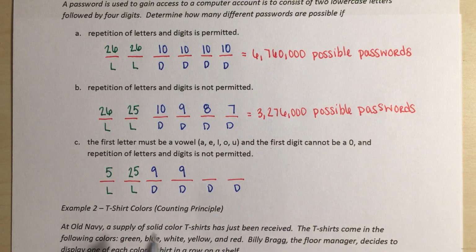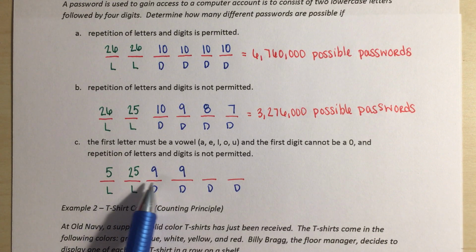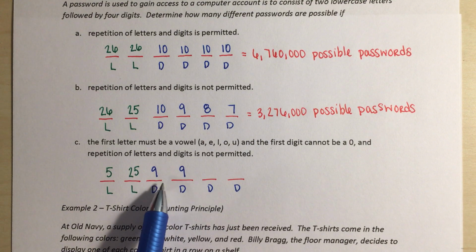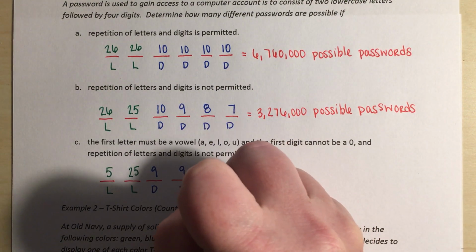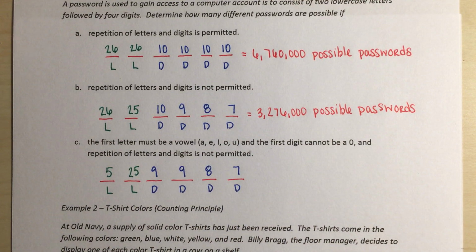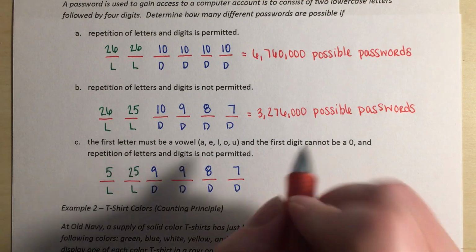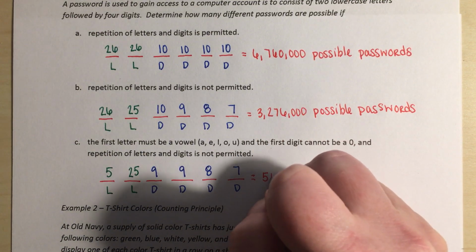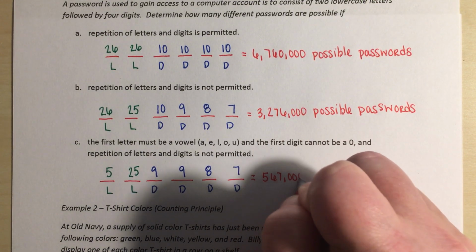Now we've used a non-zero digit and a digit that could possibly be 0, but it's not the same as that one. So we've used 2. That means our next one is going to have 8 choices. And like in the last one, our last one is going to have 7 choices. We multiply these together. We get 567,000 possible passwords.